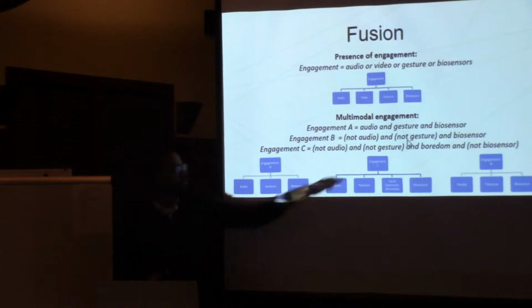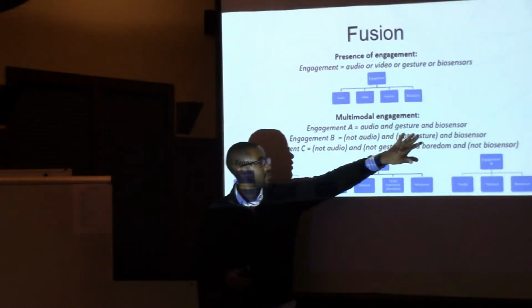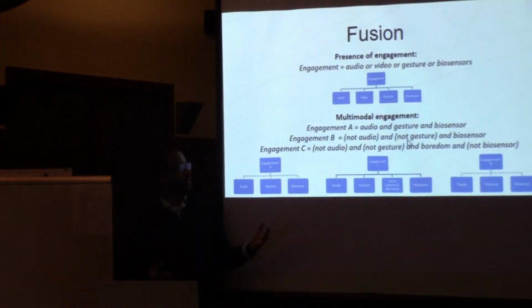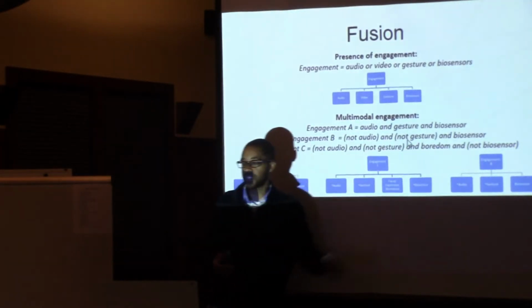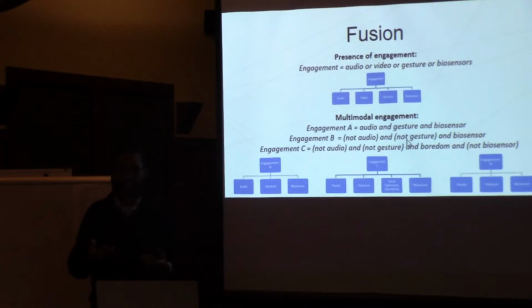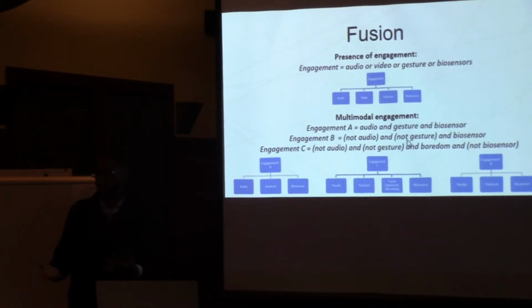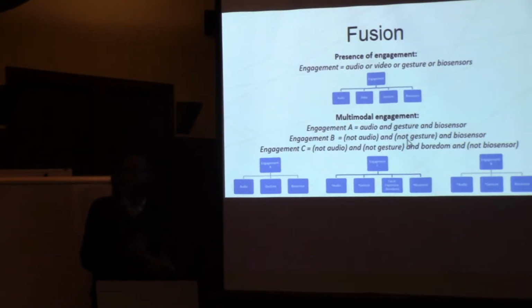So let's say you're looking for audio in the presence of gesturing and biosensoring, which is going to be different than having no audio, no gesture, and just biosensor. So when you're making decisions around how you want to analyze your data, you want to be specific. Am I looking for some kind of engagement, like them demonstrating interactivity with the task, or are there specific engagement types that I'm trying to look at?